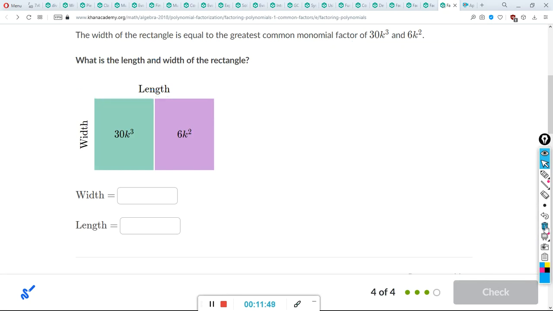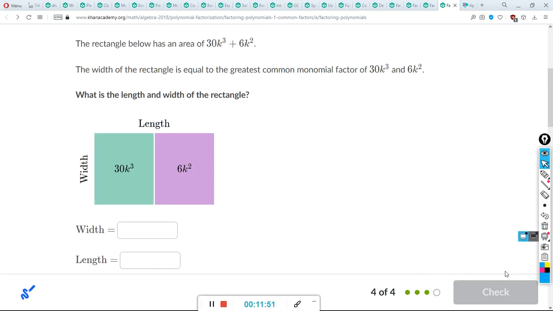All right, one more. For the rectangle here, the area of the rectangle is 30k to the third plus 6k squared. They are saying the width is the greatest common monomial factor. Fancy term.